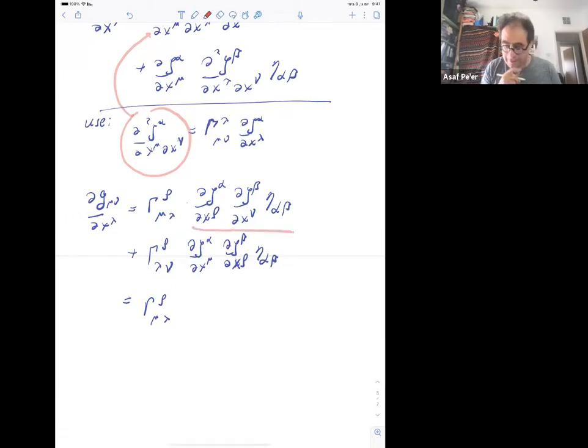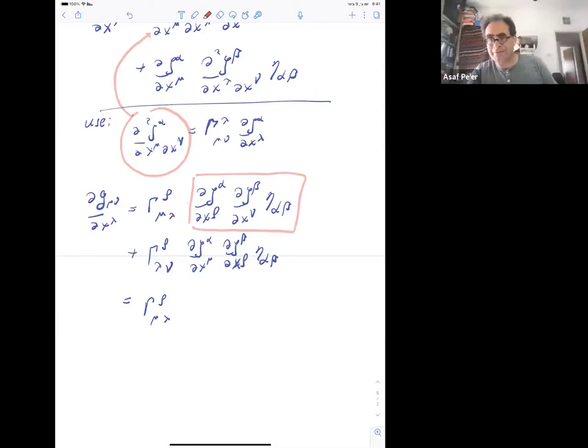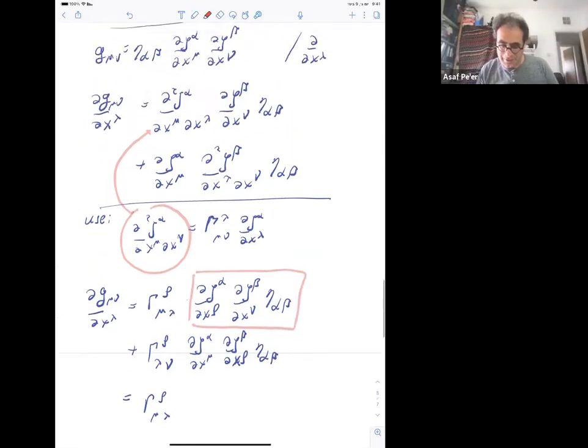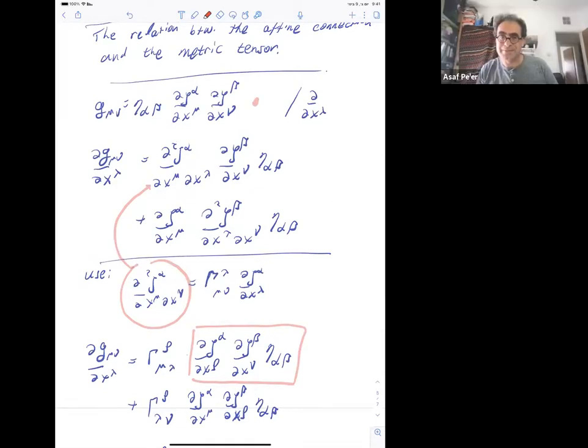How can you write it in a simpler way? Zero new. Thank you. Very well. This is just g. This is just g with what indices?